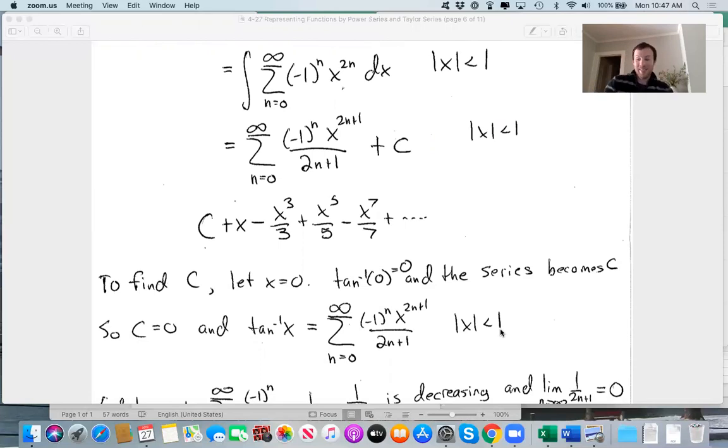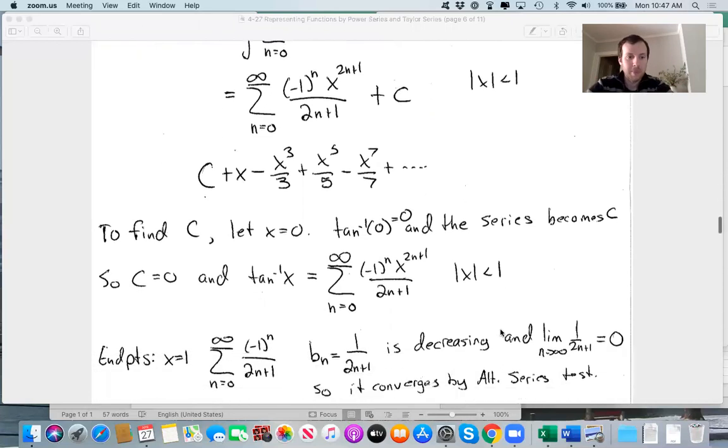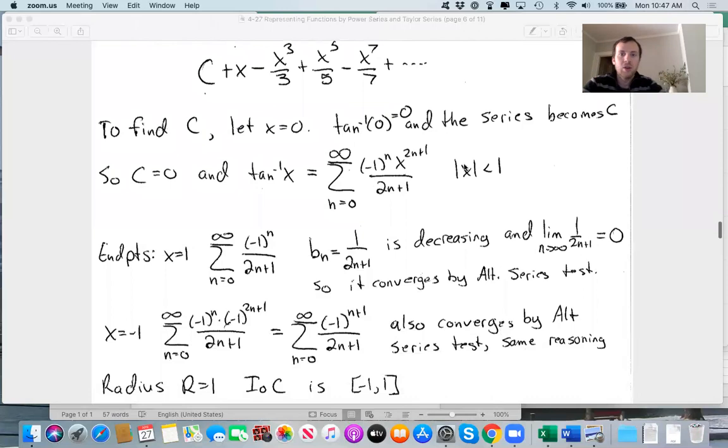But like I said before, while the radius stays the same, the endpoints can change. So that means for x equals 1 and negative 1, we need to check explicitly if this series converges.